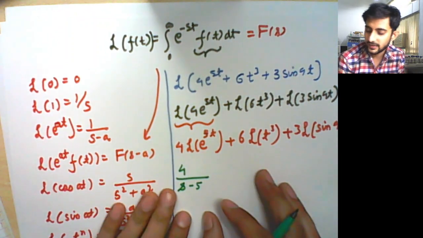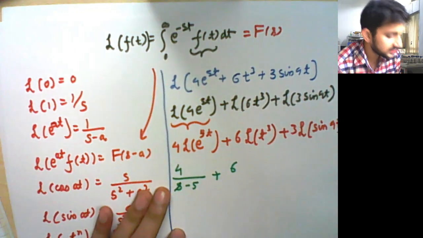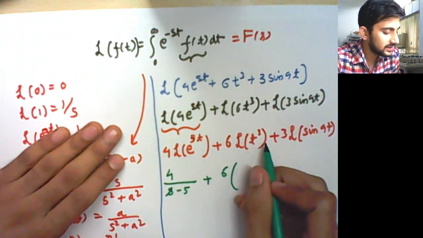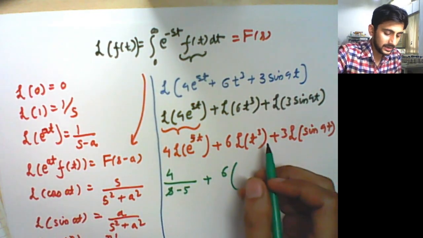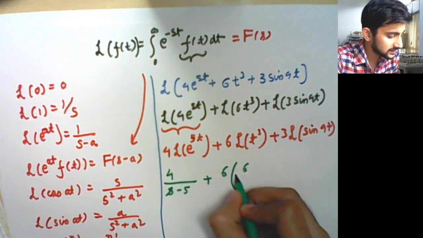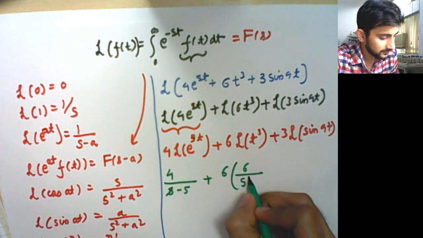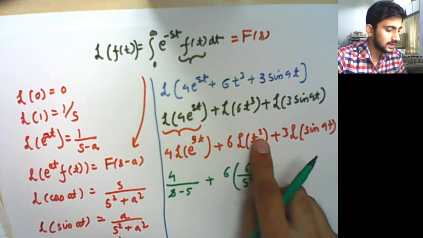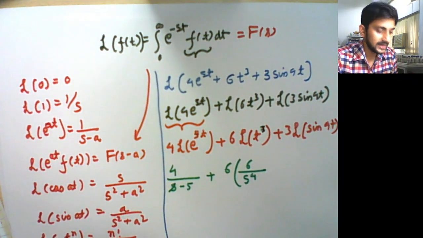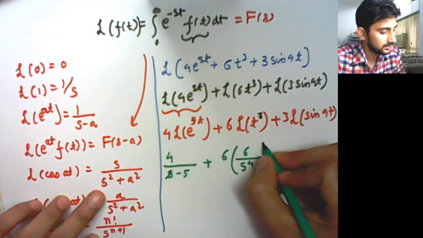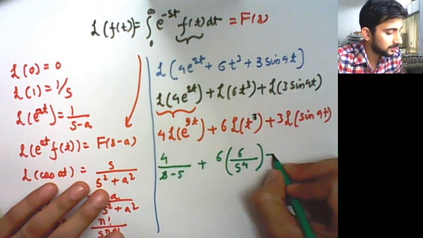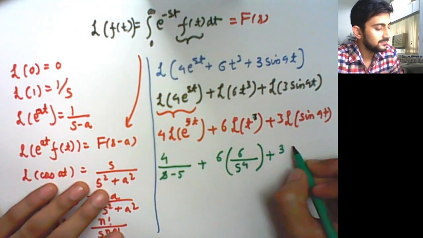So 4 upon s minus 5, plus 6 times, what is the Laplace transform of t cube? t cube means t to the power n, where n is 3. 3 factorial is 6, upon s to the power 4, because the power of t was 3, so n plus 1 is 4. So this becomes 36 upon s to the power 4, plus 3 times, what is sin 4t?